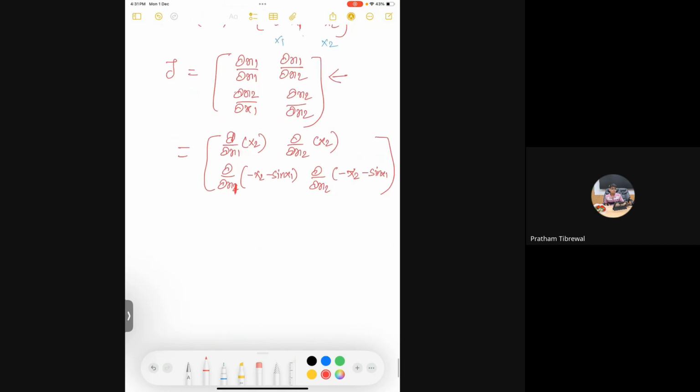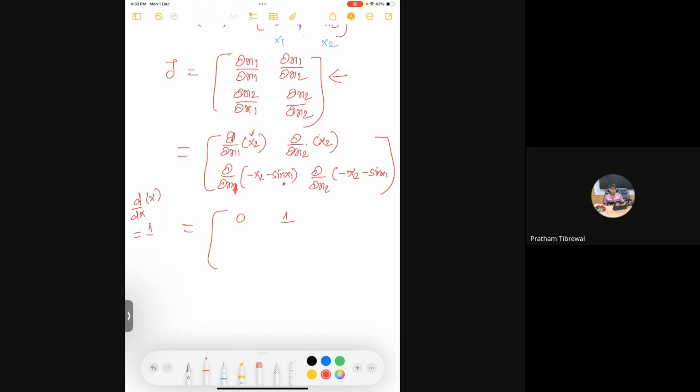Now dou by dou x1 of x2: the x1 variable is not there, right? So it will be 0. Differentiating with respect to a different variable, since there is no such variable, it is 0. Now differentiating with respect to the same variable, it is like d by dx of x. What is it? 1. So this will be 1. In this term, is any x1 variable there?